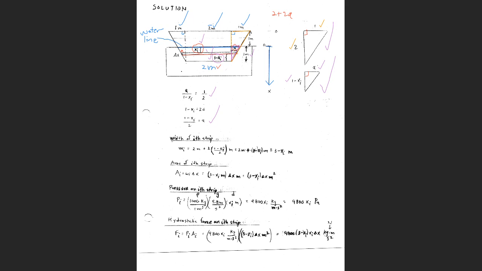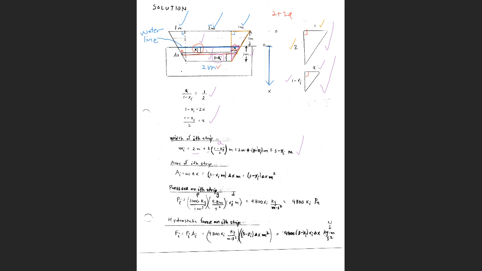Okay. Well, now the width of the ith strip is going to be that 2 meters plus 2 times A. And A is 1 minus xi over 2. So 2 meters plus 2 times 1 minus xi over 2 meters, that's going to get you 3 minus xi meters.